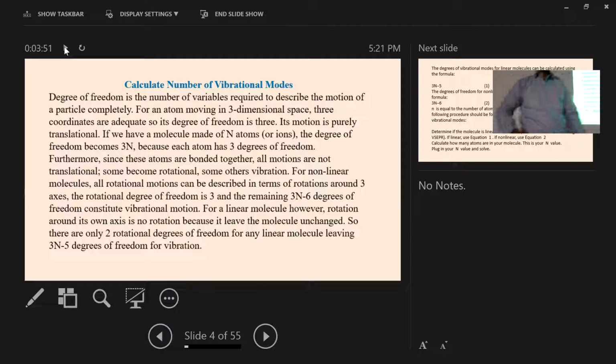Now I can show you what I have from the calculation, how many vibrations or what vibration modes there are. But if I go to the display, it does not show. Maybe I can rotate my laptop so that you can see it.